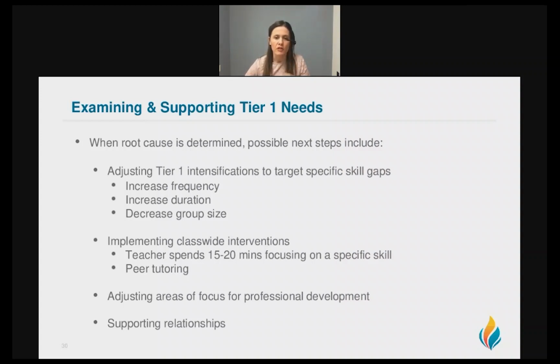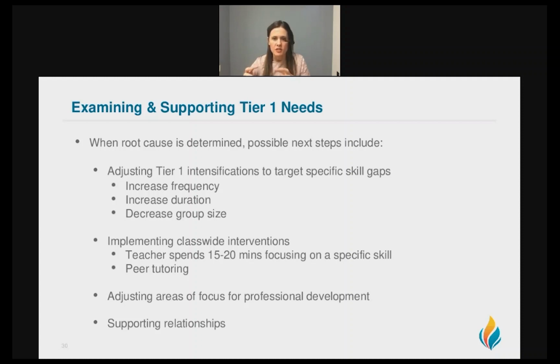So thinking more critically about examining those and supporting the tier one needs that we have. Once we've identified what that root cause is, some of the possible steps that we see often being implemented are adjusting the tier one levels of needs to make sure that we're targeting specific skill gaps.